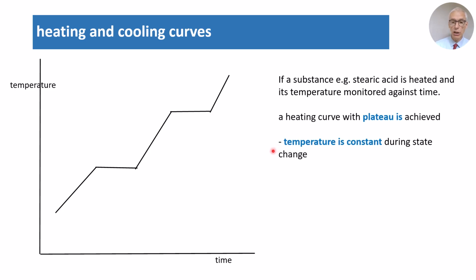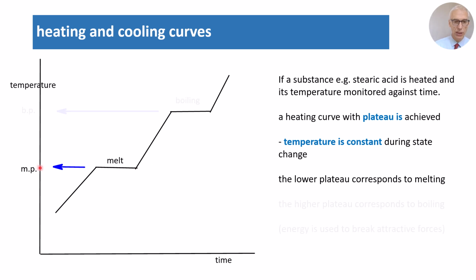Now those plateaus correspond to state changes. So as we heat stearic acid as a solid, it becomes a liquid. We get a plateau, a point at which the temperature remains constant for a period of time. The lower plateau corresponds to the melting point.